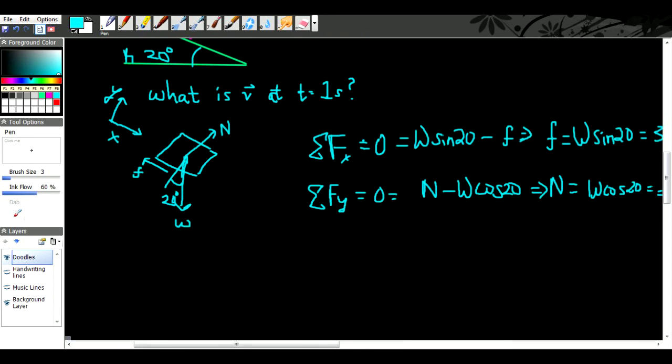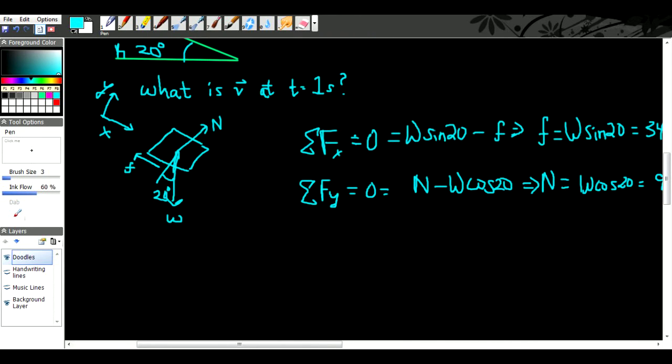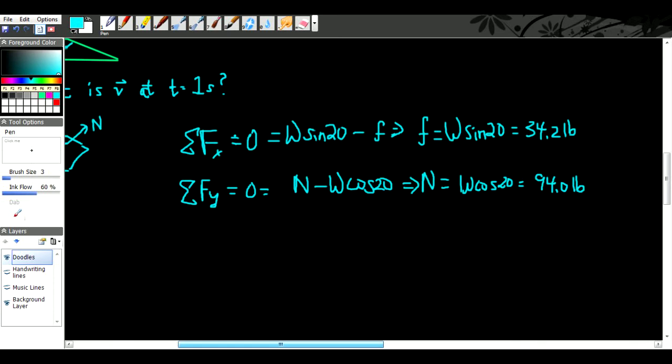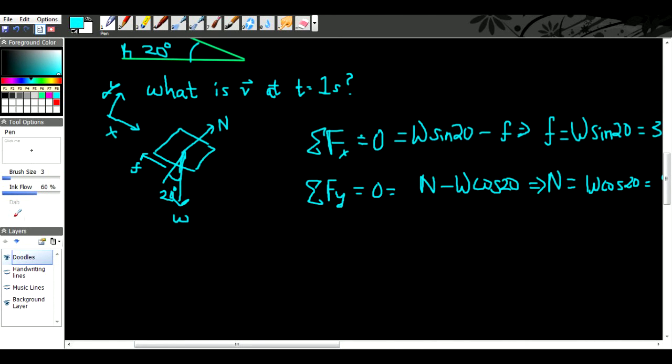So our required static friction force needs to be at least 34.2, or else the block will slip.